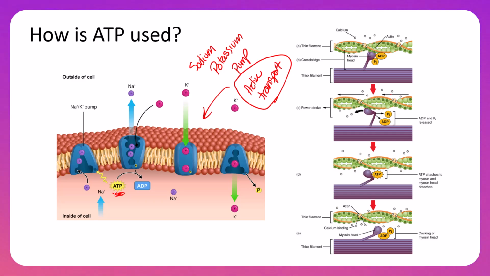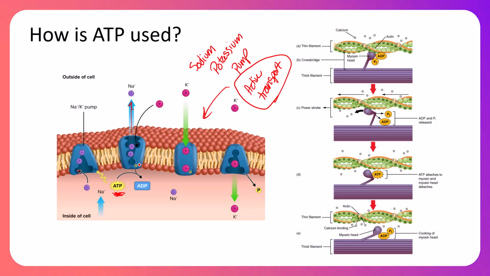Yeah, so we are moving them from low to high concentration, which requires energy because we're moving up against the gradient. So if you look in this diagram, you've got your pump in the membrane. And as that pump gets filled with sodium to move out of the cell, it requires an ATP molecule to release that phosphate and release that energy. And you can actually see that the phosphate is being used to attach to the protein and change the shape of the protein, because we know proteins are very intricately folded molecules.